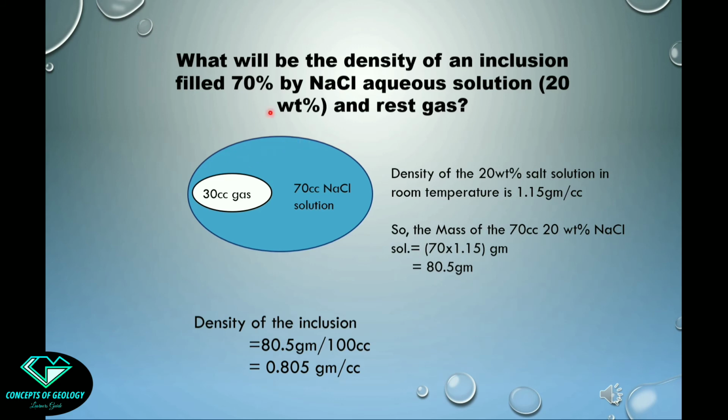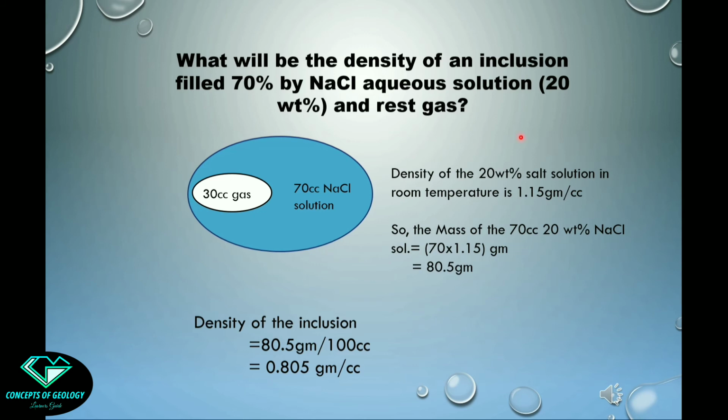Suppose this is again the inclusion filled 70% by NaCl aqueous solution having 20 wt% of NaCl in the solution. So this was the previous inclusion, 30 cc is filled by gas and 70 cc is NaCl solution. The total volume is remaining the same, that was the 100 cc. Now we have to find out what is the density of the inclusion.